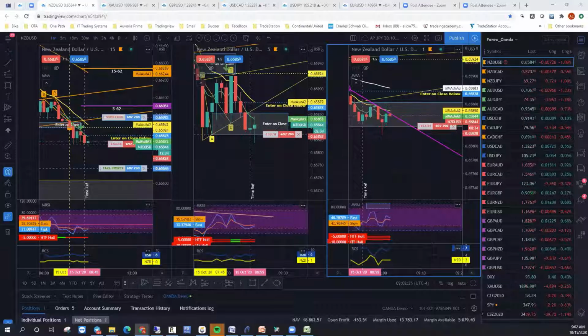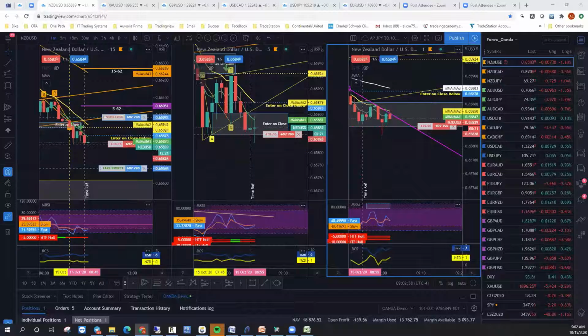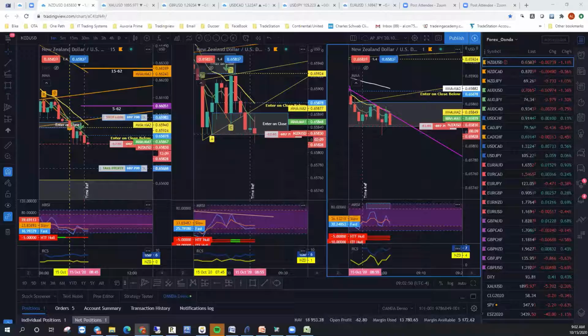I'll tell you, I like it short first. Yeah, I can see that. I'm thinking about putting a flat top, Al, for this one.